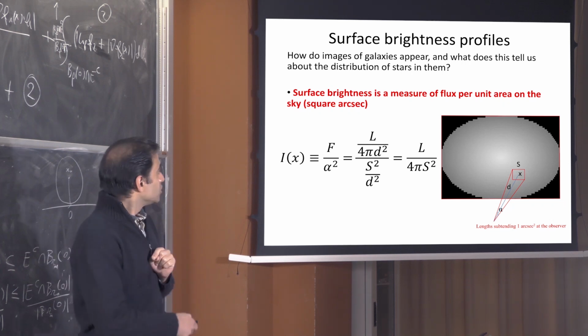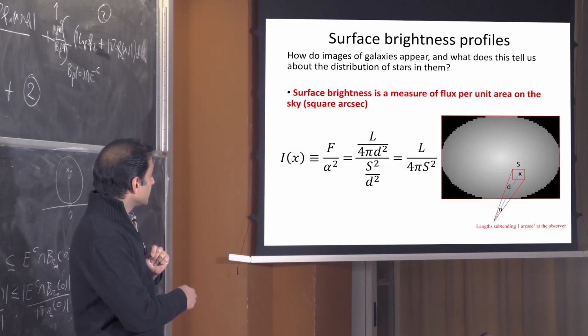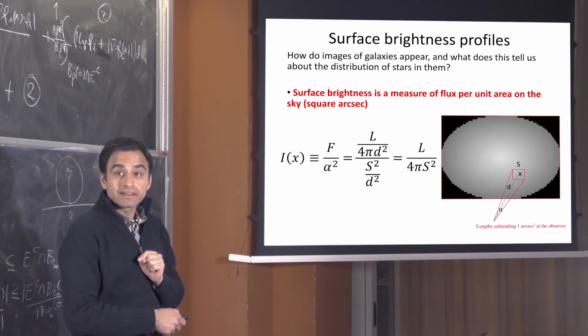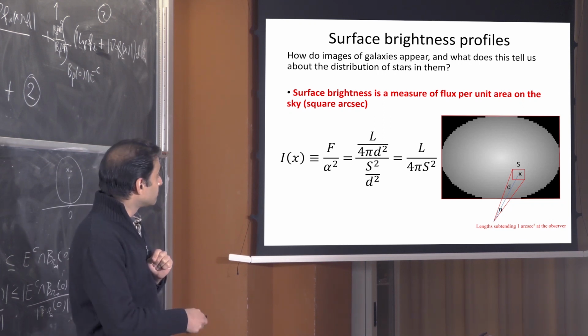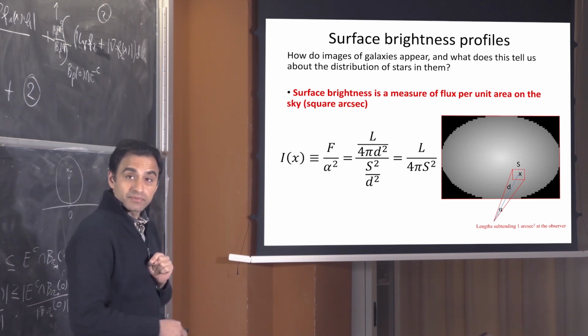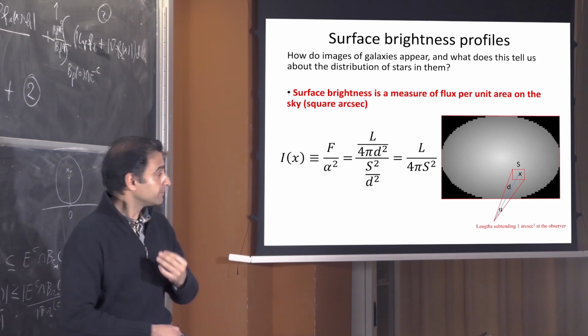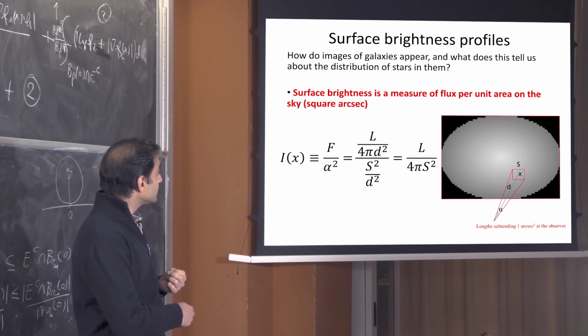Okay? So the intensity of light coming from position x over here and received on Earth will be given by the total flux of the galaxy per unit of solid angle alpha square.